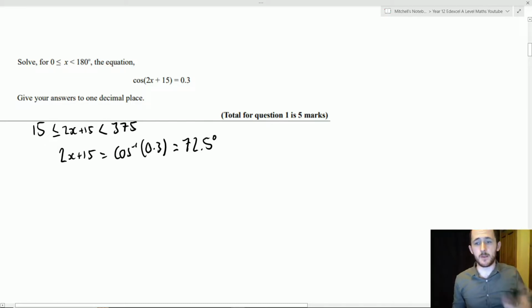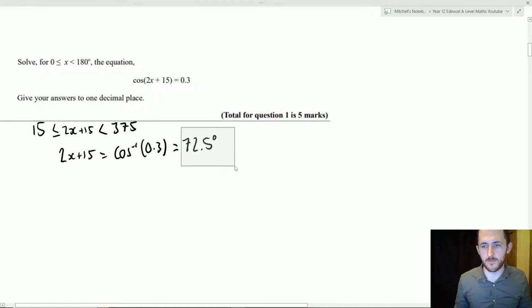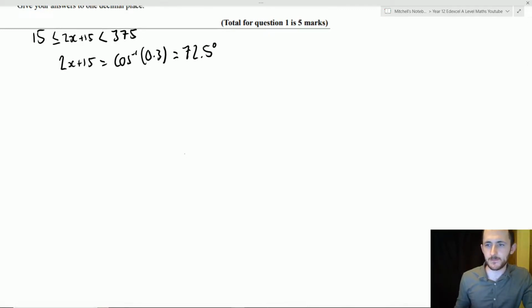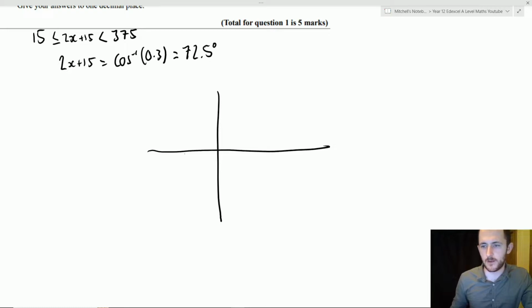Okay. Now we go straight to the cast diagram, okay? We're going to ignore the 2x plus 15 for now and do that right at the end, okay? Now we're going to find all of our values in the range of 15 to 375. So again, our first value, and again we can label this cast.